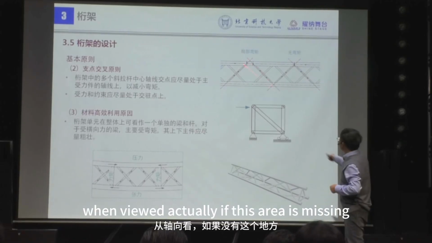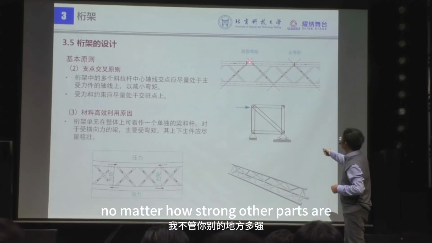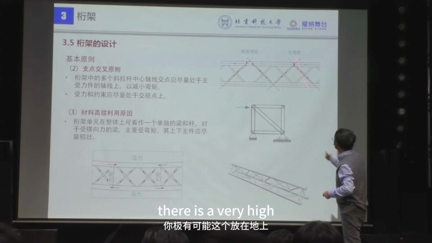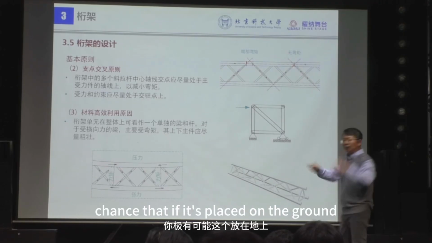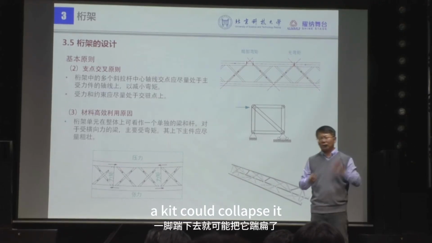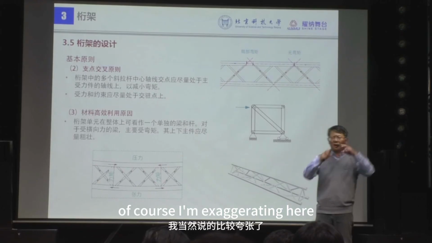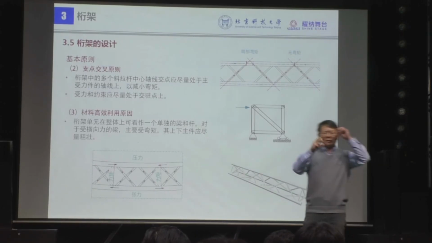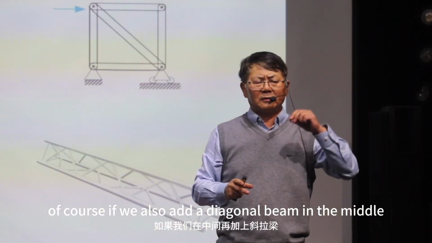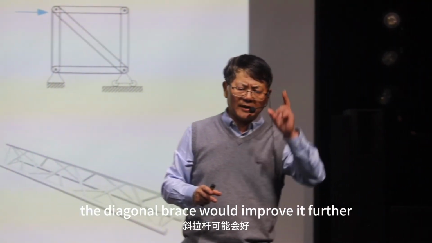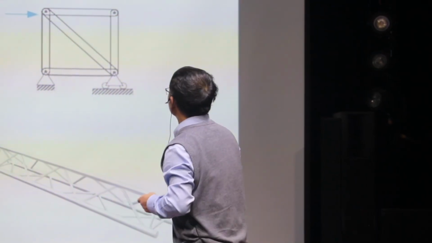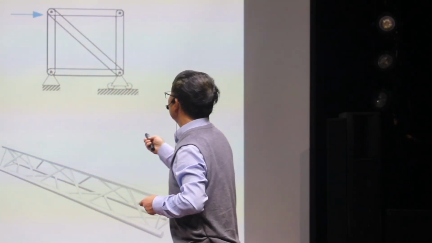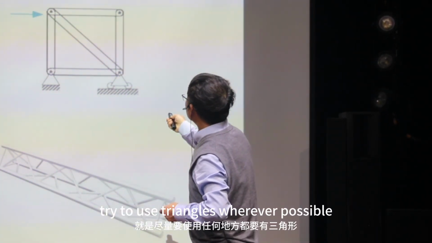When viewed axially, if this area is missing, no matter how strong other parts are, there is a very high chance that if it's placed on the ground, a kick could collapse it. Of course, I'm exaggerating here, but if we add this reinforcement, it would be much better. Of course, if we also add a diagonal beam in the middle, the diagonal brace would improve it further. First, stability principle. Try to use triangles wherever possible.